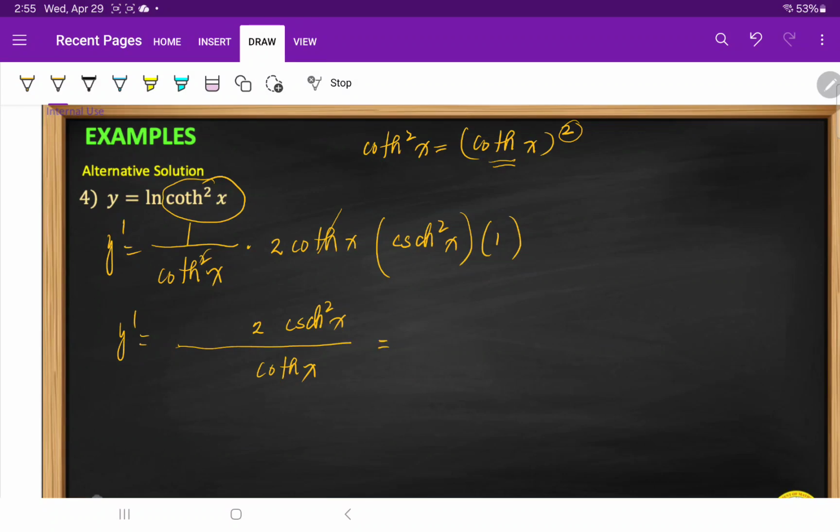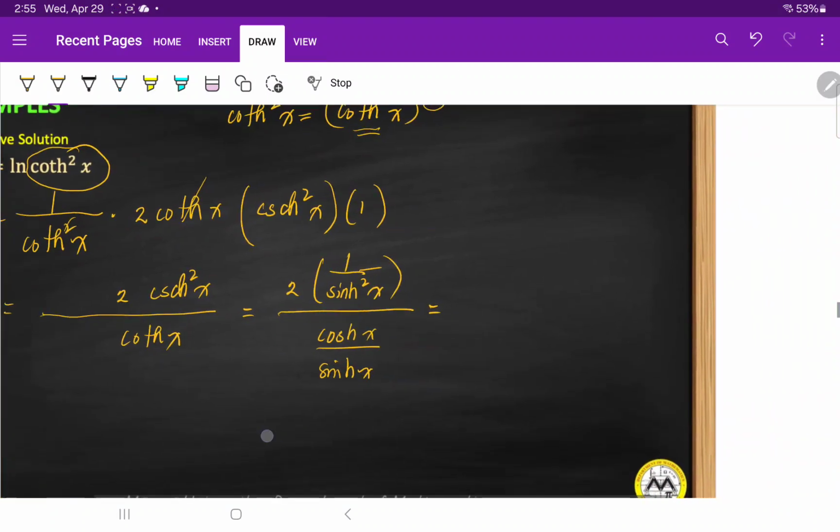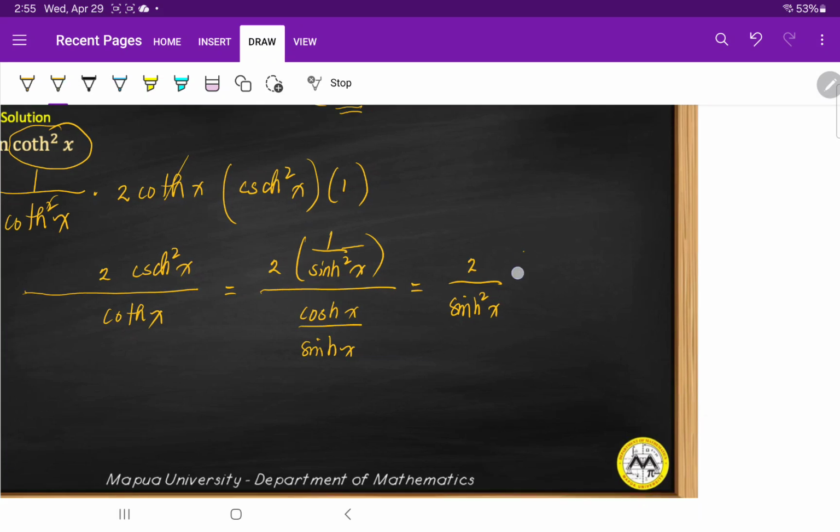And then we have 2 times hyperbolic cosecant, which is 1 over hyperbolic sine square x, divided by hyperbolic cosine x over hyperbolic sine x. And so this gives us 2 over hyperbolic sine square x times the reciprocal of the denominator, which is hyperbolic sine x over hyperbolic cosine x.